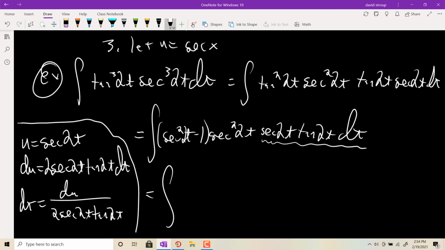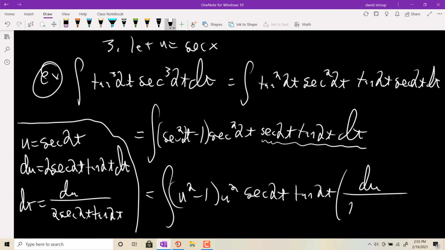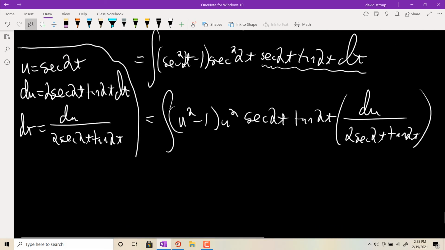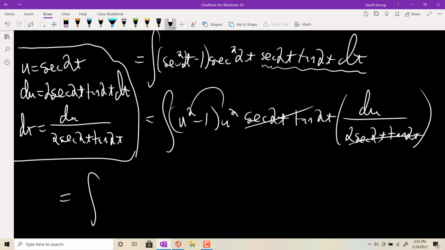What we'll end up with then is u squared minus 1 times u squared times secant 2t tan 2t times du over 2 secant 2t tan 2t. And you don't have to write all that beeswax out. You could just put the 1/2 in there and remove the secant 2t tan 2t, if you get a little better at doing the integrals, if you have more confidence than I do.